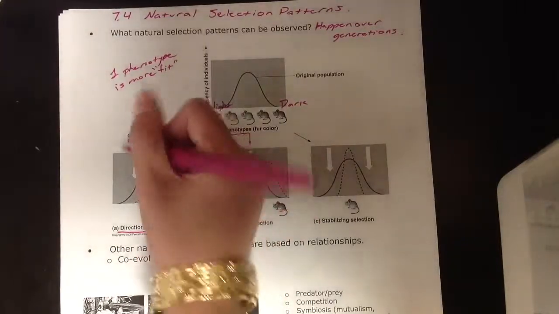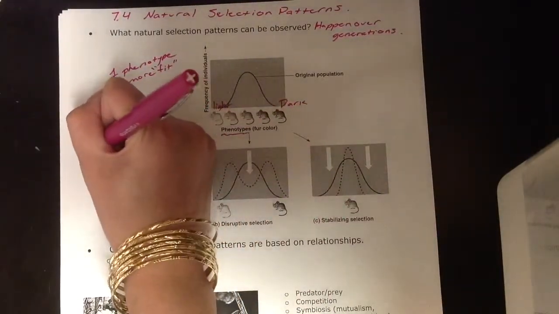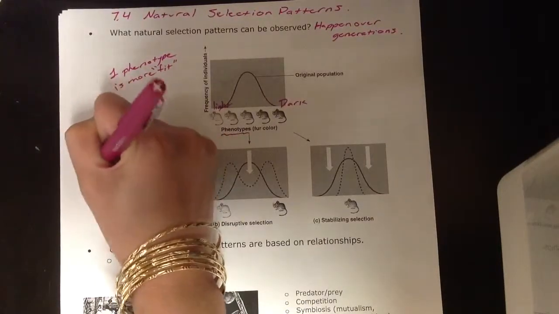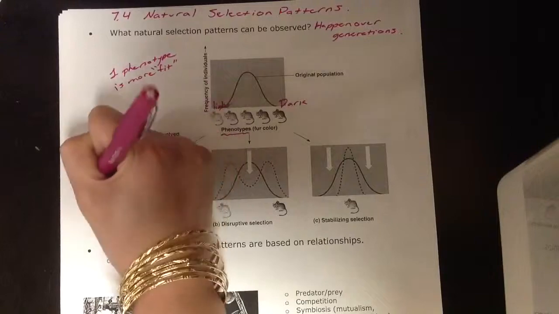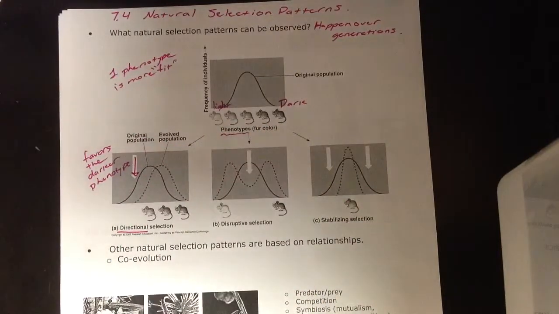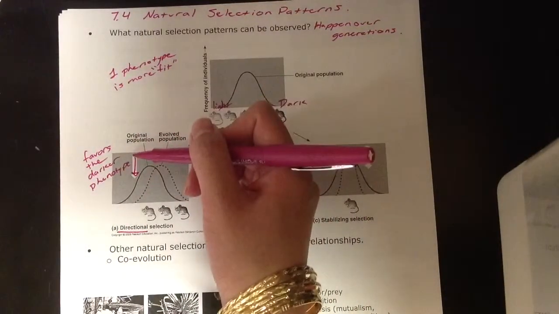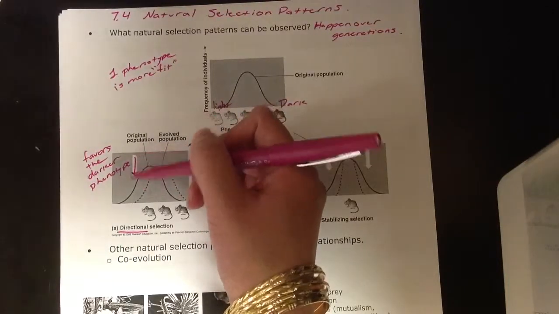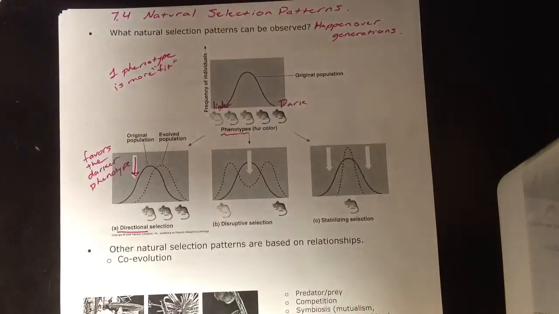And in this case, the directional selection favors the darker phenotype. So whatever this arrow is representing here, maybe this is a predator, maybe the lighter trees have disappeared, and so now we have darker trees where the darker mouse can survive and hide in.